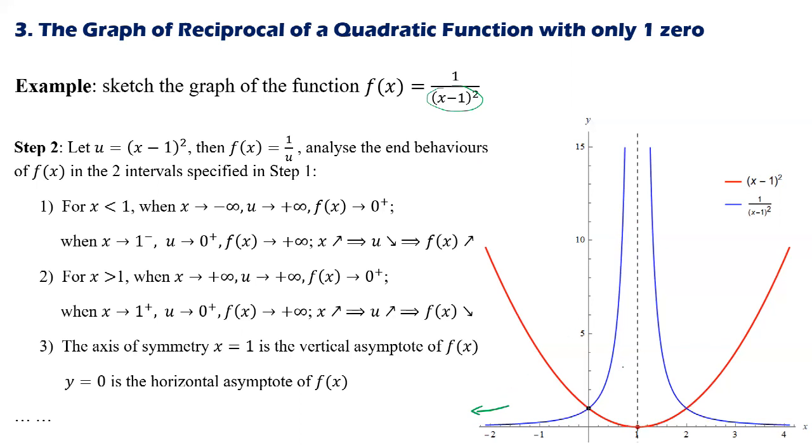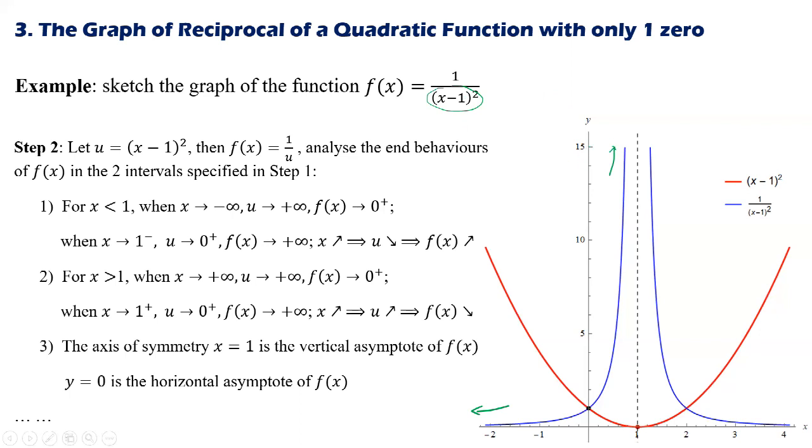And when x approaches 1 from the negative side, the denominator here should approach 0 from the positive side, right? And f(x) approaches positive infinity. So it will have a pattern like this, right?